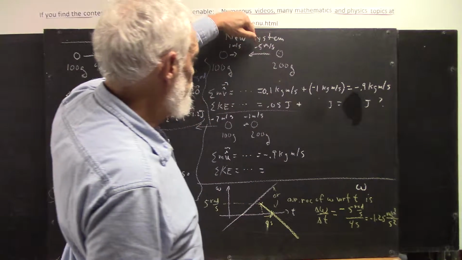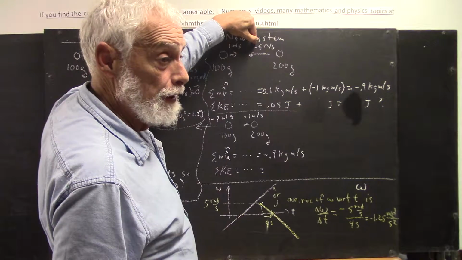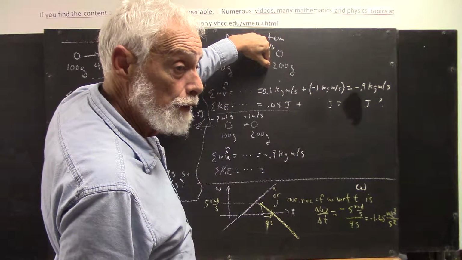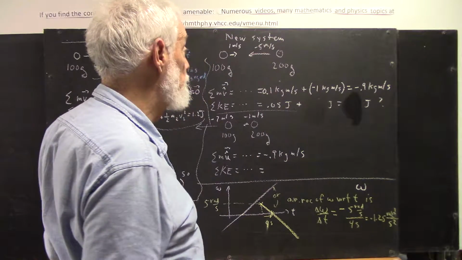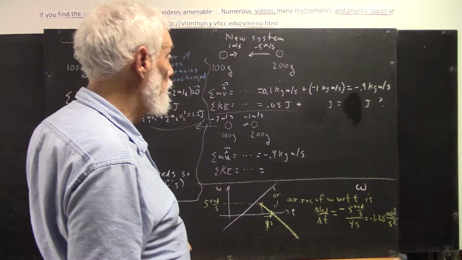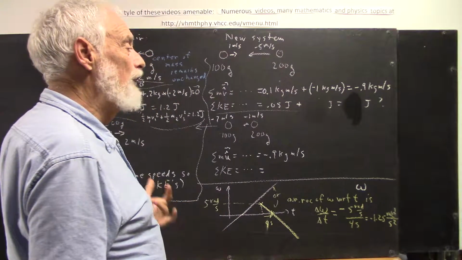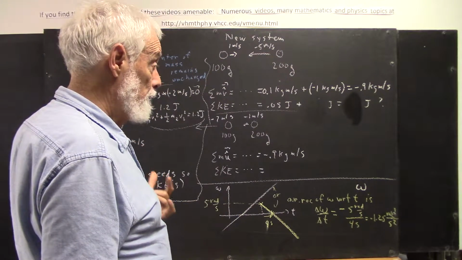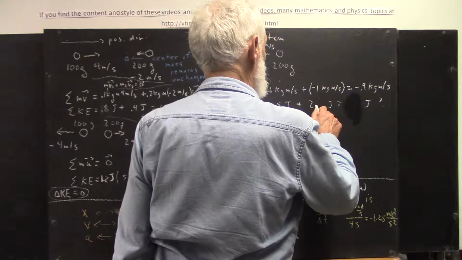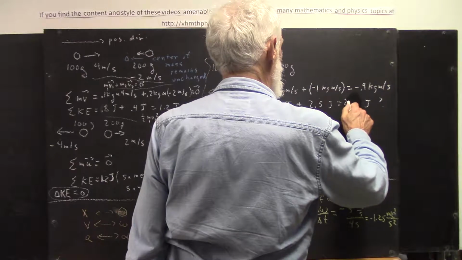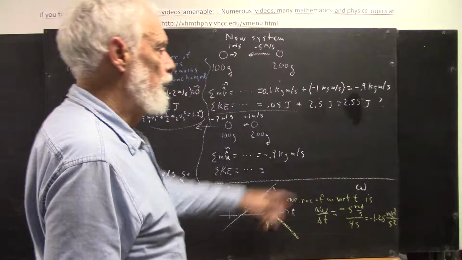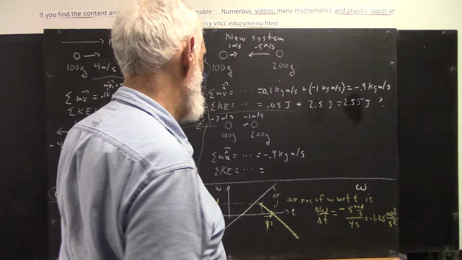Now here's where I kind of messed up. If you square 5 meters per second, you get 25 meters squared per second squared. Multiply that by 0.2 kilograms, you get 5 kilogram meters squared per second squared, and half of that is 2.5 joules. You add that to the 0.05 for the first object, and you've got 2.55 joules.